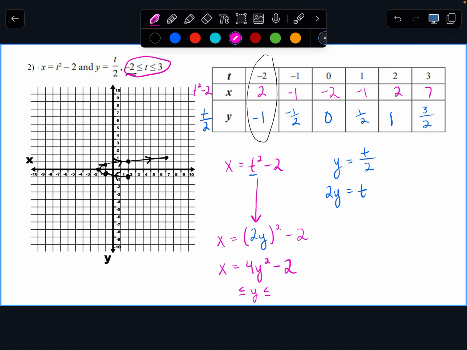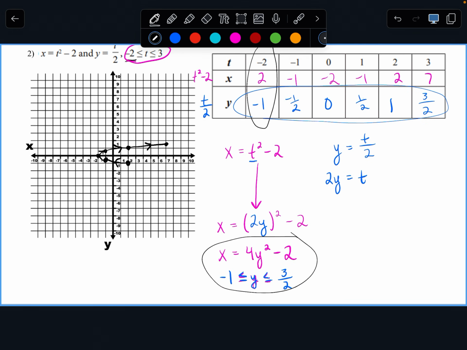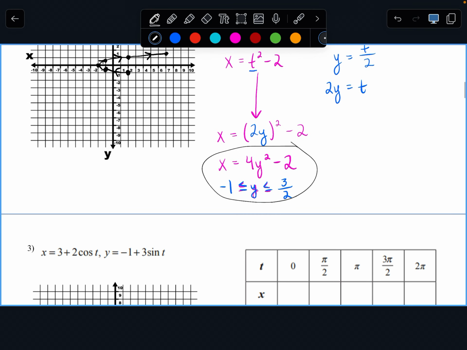And where do I get that? Well, oops, I should put that in blue. Just look at the table. If you look at the table, the smallest y is -1, the biggest y is 3/2. So if you put the equation in terms of x, which is fine, it's still Cartesian. If your y is in the equation, it means it's an independent variable. That's why you're going to talk about that as your domain in a way. That makes sense.